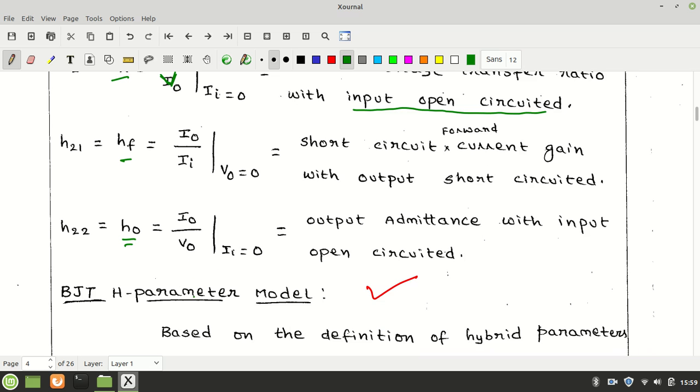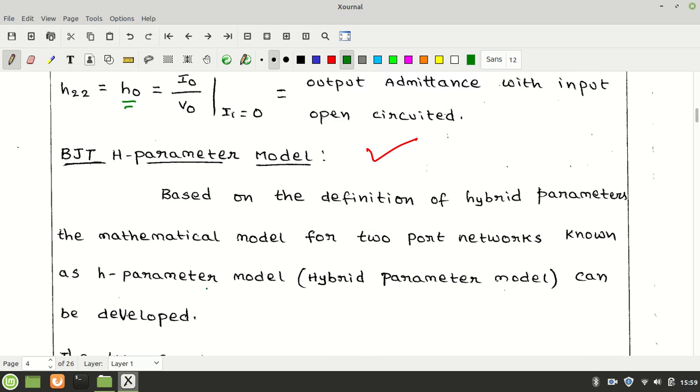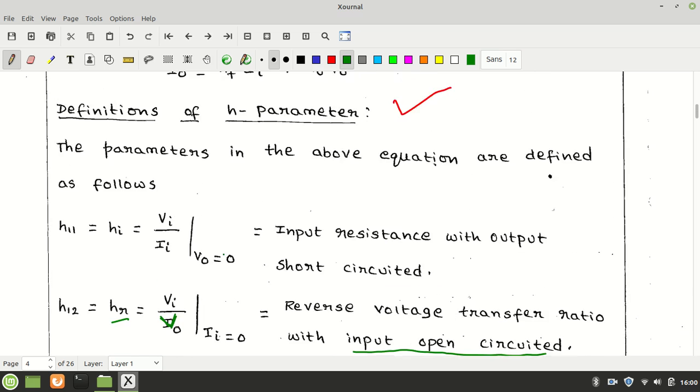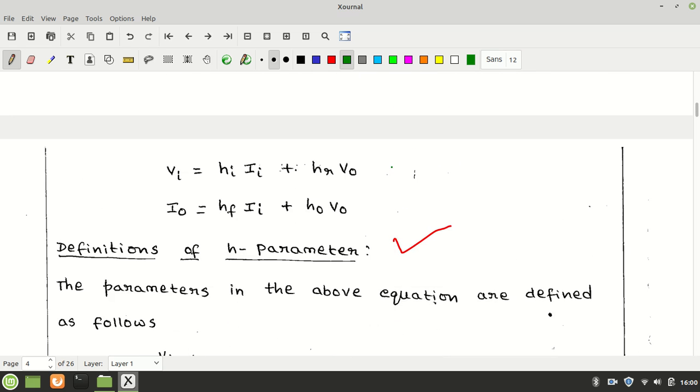So we have two equations, and now those two equations can be thought of like this: this one looks like a KVL equation, and this equation looks like a KCL equation. This current is divided into two currents, and this voltage is divided into two voltages.